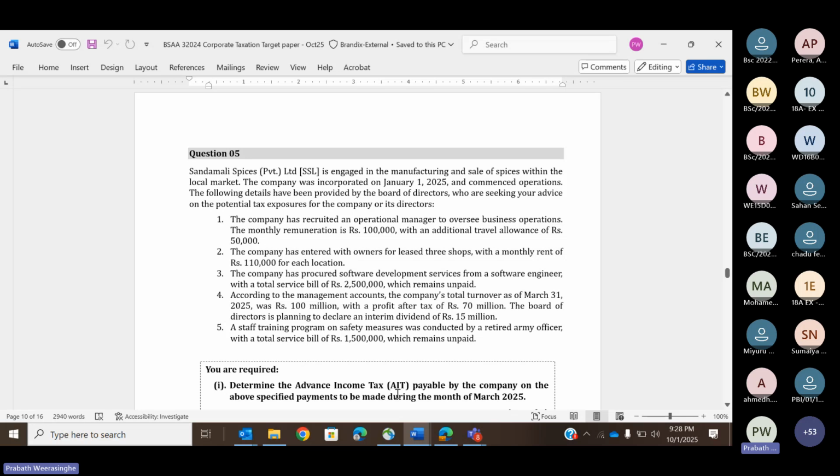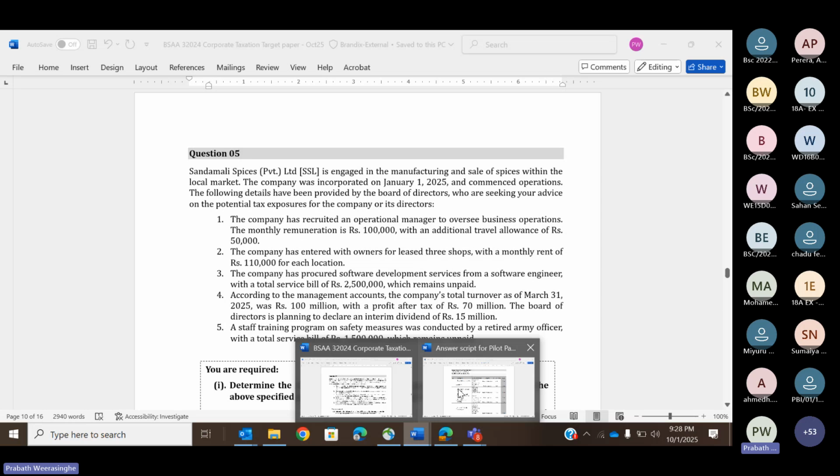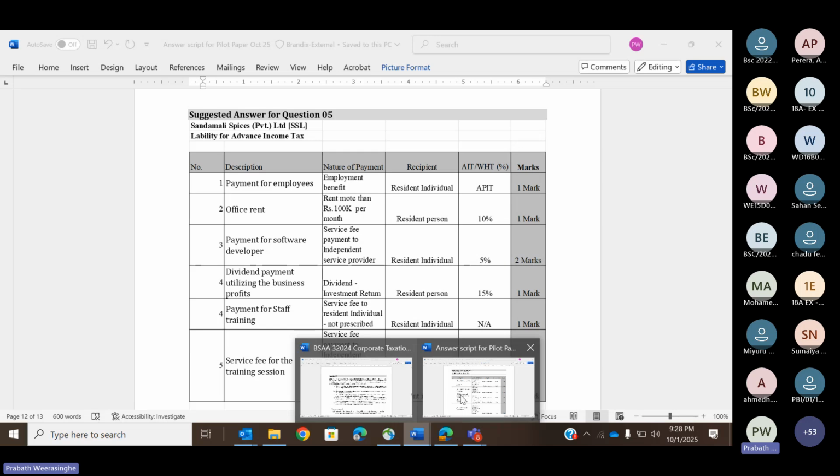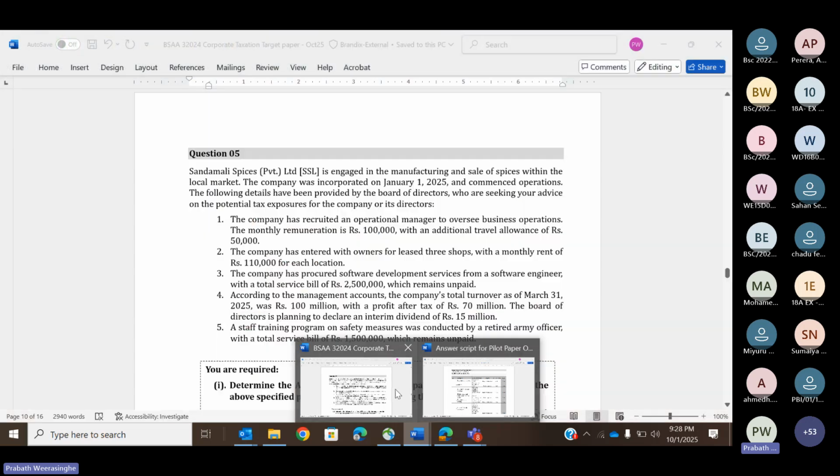Monthly rent is more than 100,000, so definitely it's subject to advance income tax at 10%. Office rent more than 100,000 per month paid to a resident person is 10%. If it is paid to a non-resident, it's 40%, unless a DTA is available.